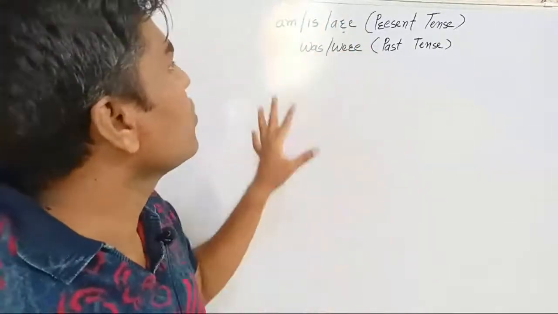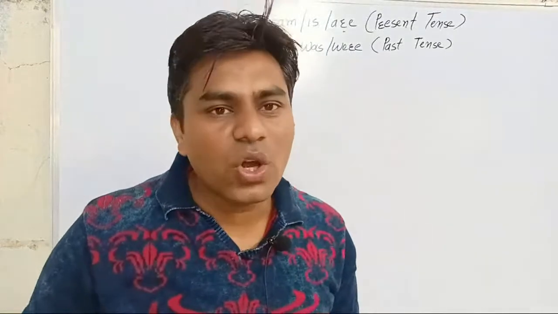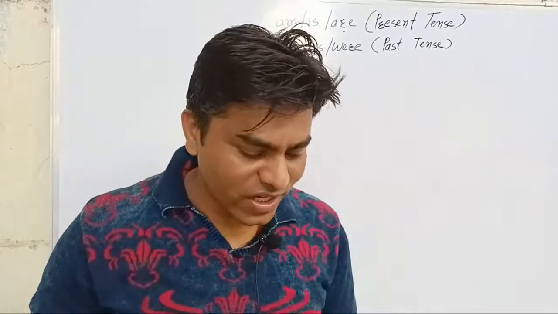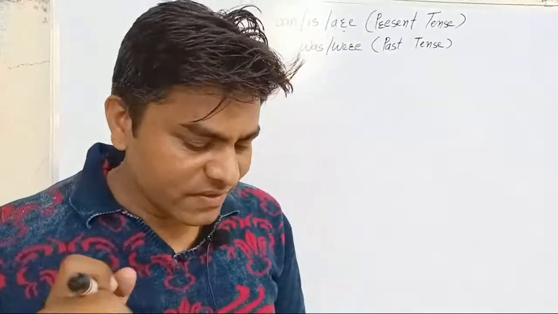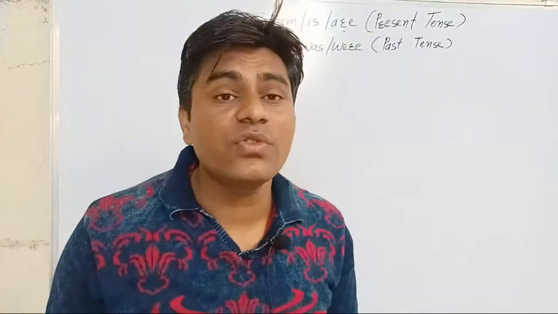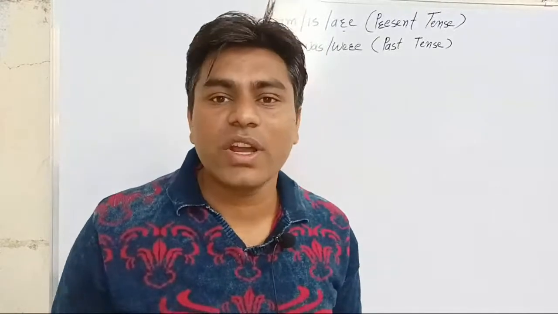So we are going to learn these 5 different auxiliary verbs, and how we can use them in our sentences while we are speaking English. Getting? Now friends, let's start how to use them in our spoken language.